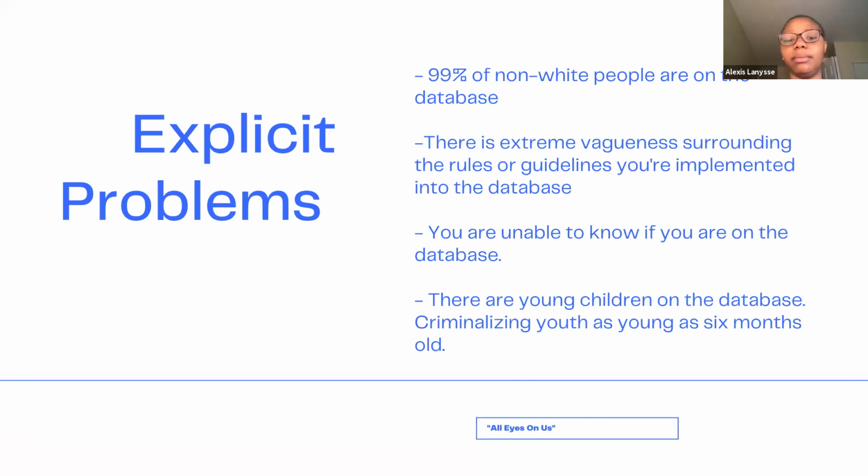All of these things can potentially put you on the gang database and have your information given to outside organizations that may be able to criminalize you. And we all know that that's a problem that we all have to deal with.